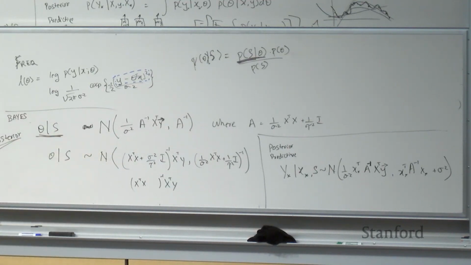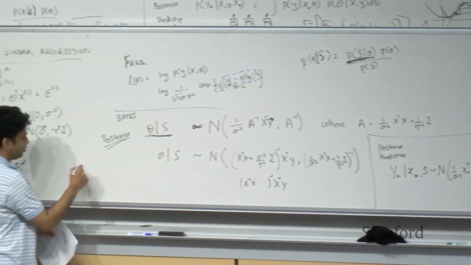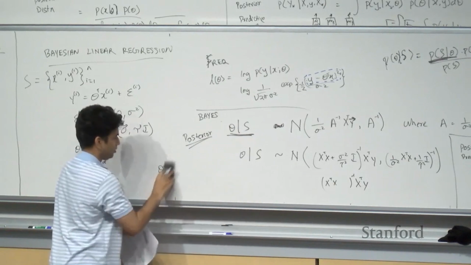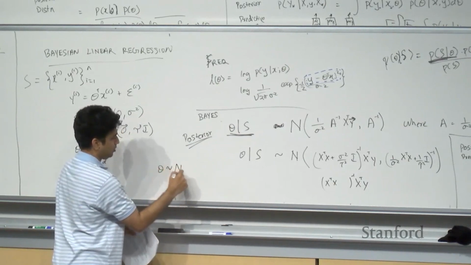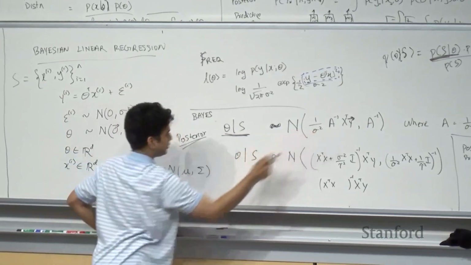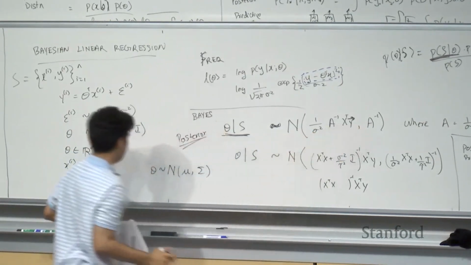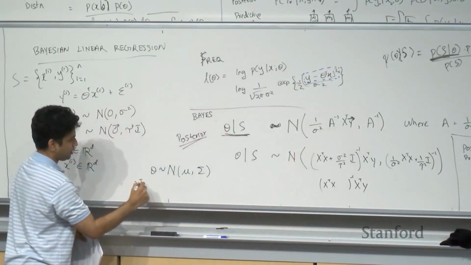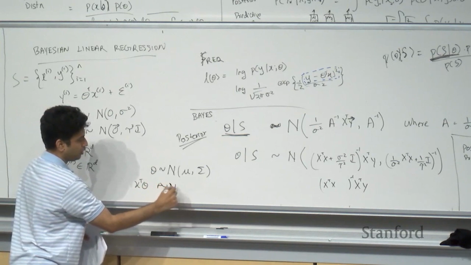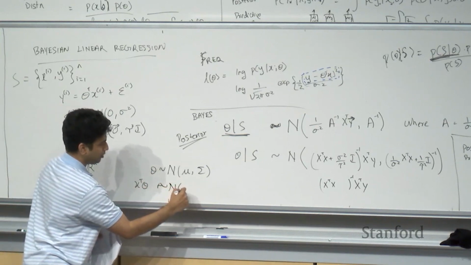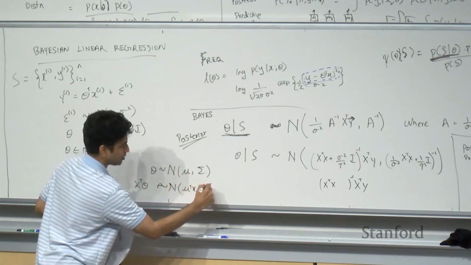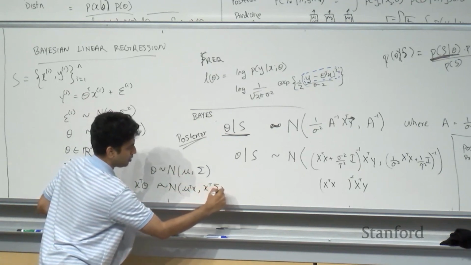Now, if you have a distribution theta, which is normal, with some mean mu and covariance sigma, where mu here is this and sigma is this, then x transpose theta, this is just a property of Gaussians, is also normal with mean mu transpose x and variance x transpose sigma x.